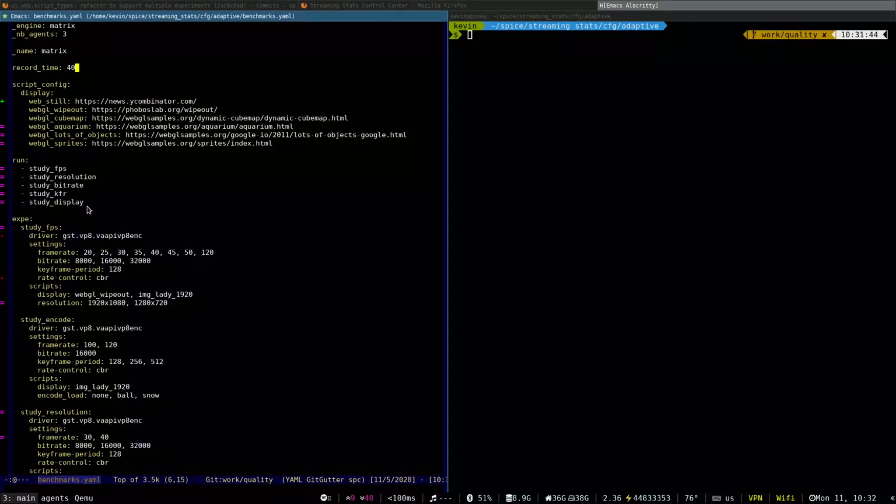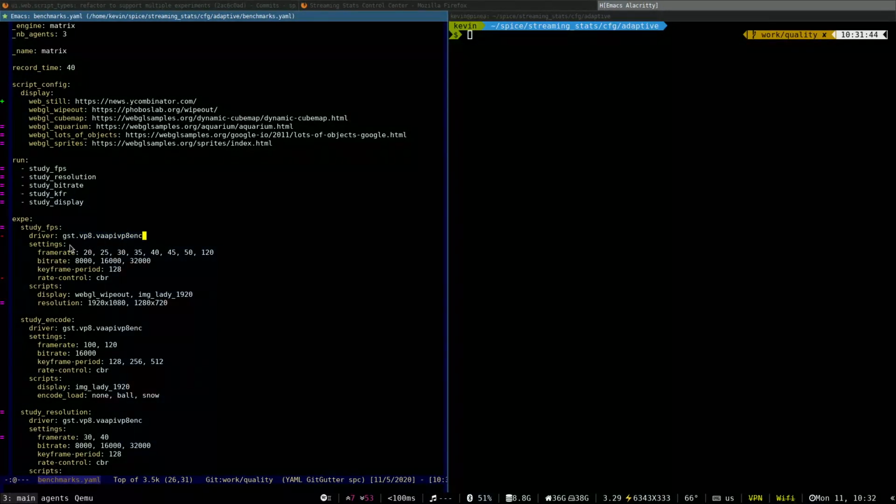In the current configuration, we will run these 5 experiments that will study the impact of the FPS, the resolution, the bitrate, the keyframe period, and the content of the display. So if we look in detail at these different experiments, it's always the Intel hardware encoding with the VP8 codec that will be used.